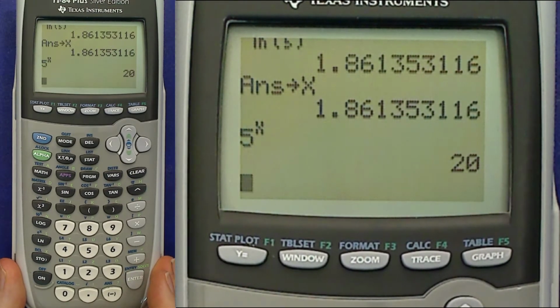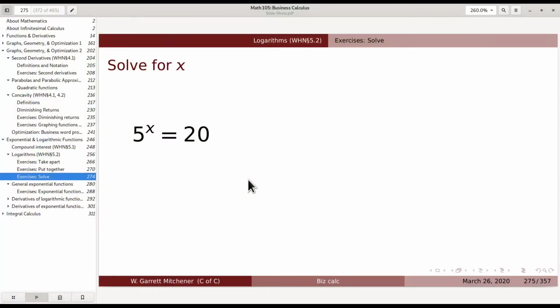Okay, and so that checks that we've got the right answer. Also, remember we were expecting to find a number a little bit less than 2, and 1.86 is the right size approximately. Okay, so that is the solution to 5 to the x equals 20. Okay, let's go on to the next one.